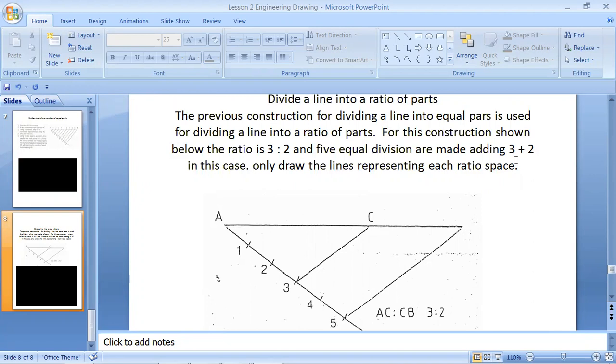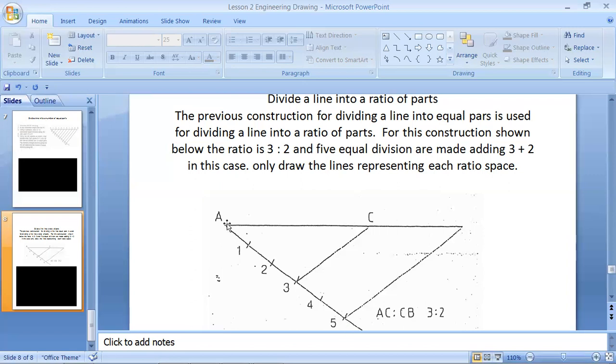The addition result is the number of divisions we're going to create in this diagonal line. If the addition says 9, we create 9 divisions. If it says 6, you create 6, and so on. For this particular one, ratio 3:2, 3 plus 2 equals 5. We create 5. You understand this?